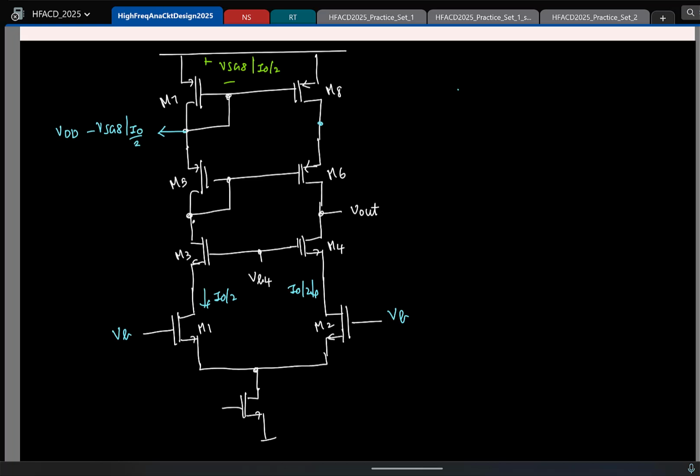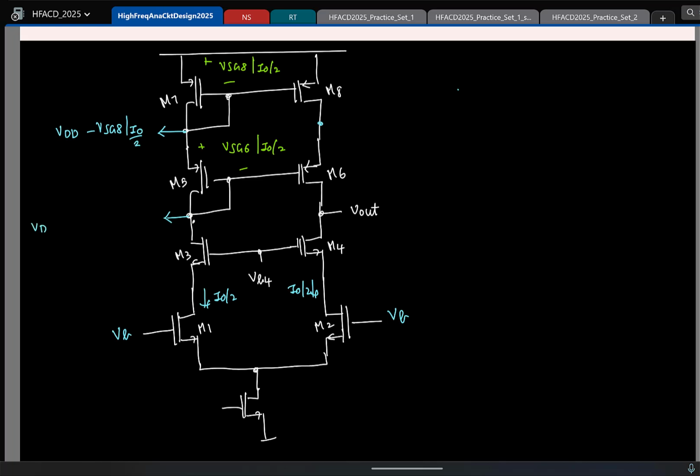Now tell me what will be this voltage. Again, remember that here the source voltage for M5 is fixed to this value. Once again, for M5 and M6 you need to have a particular VSG. I'll call it VSG of M6, same as M5, no change.